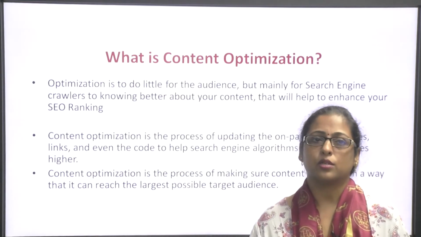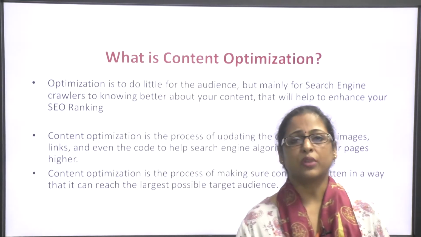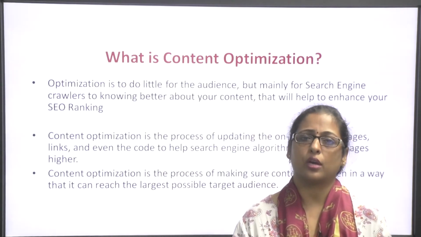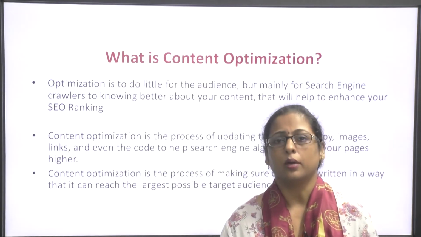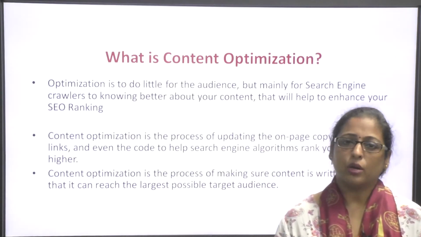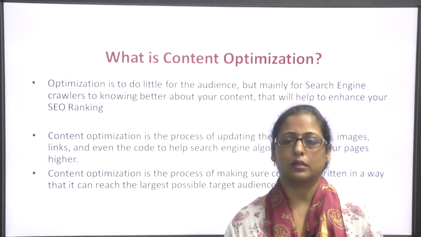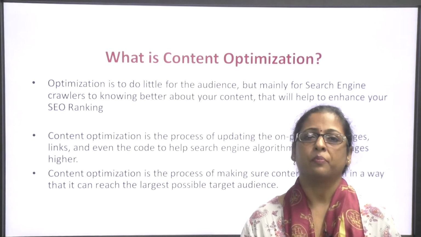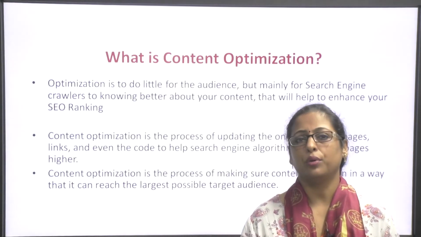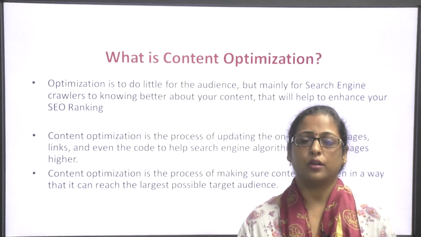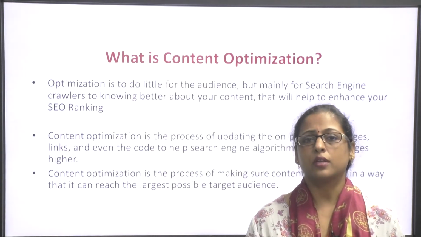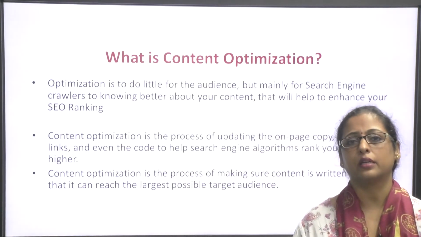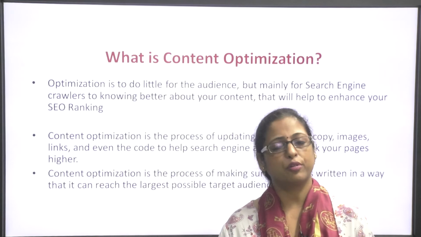So what is optimization? Optimization is related to the tactics or practices which a company adopts in order to improve its searchability. And we know that for optimizing the page, the content has to be very good, unique, and genuine, and should use the various on-page and off-page techniques of improving searchability.